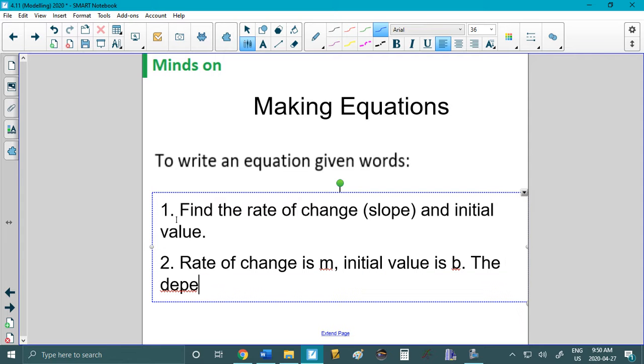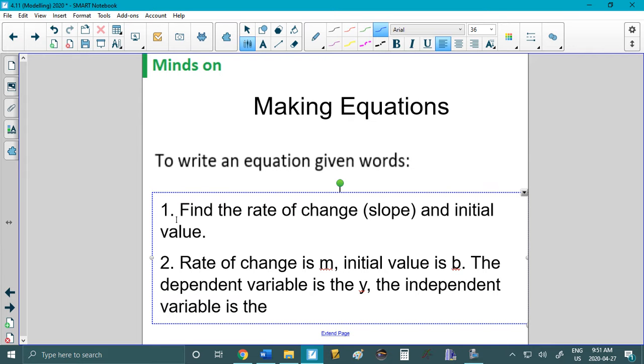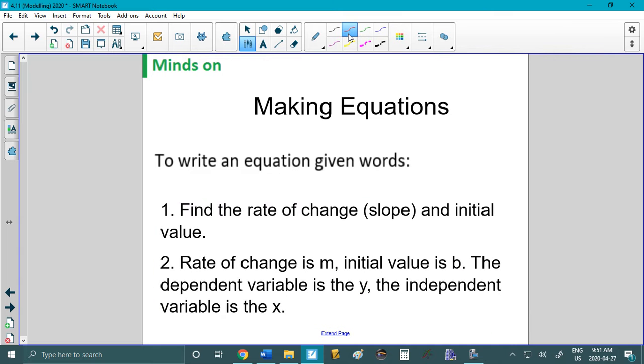the dependent variable is the y, the independent variable is the x. And remember, I think you're going to want to write this kind of everywhere, all over the place. Y equals mx plus b.